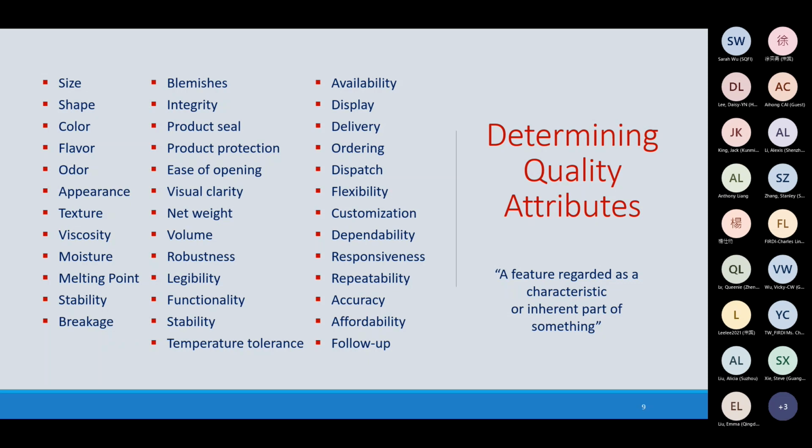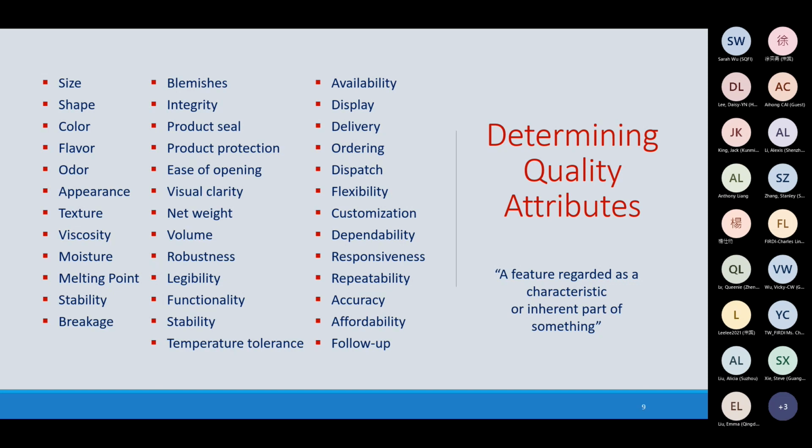Quality attributes are the features regarded as a characteristic of a product. So what defines a product? What makes it appealing to the consumer, or what doesn't make it appealing to the consumer?